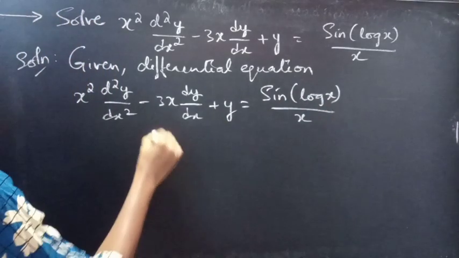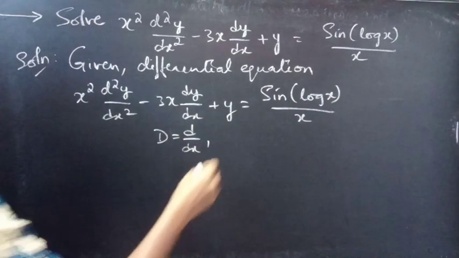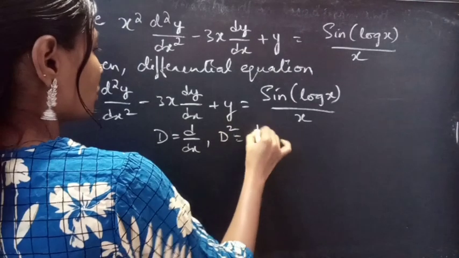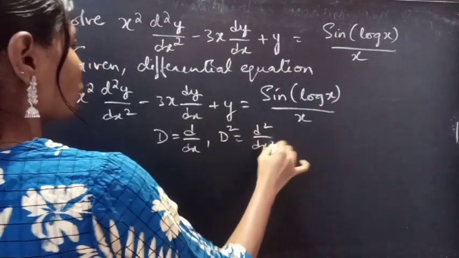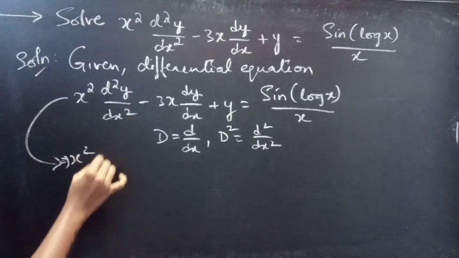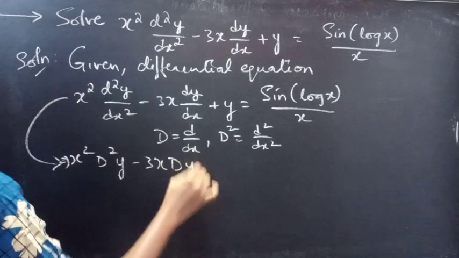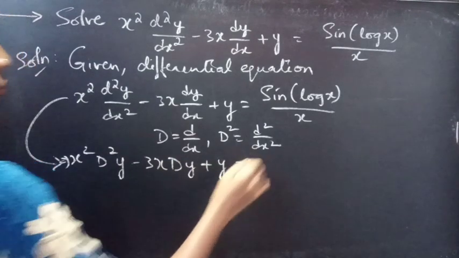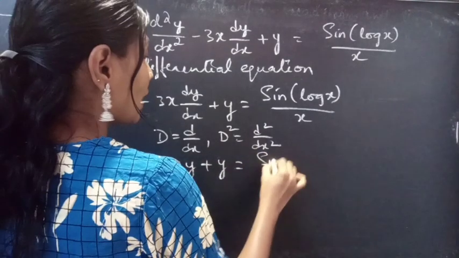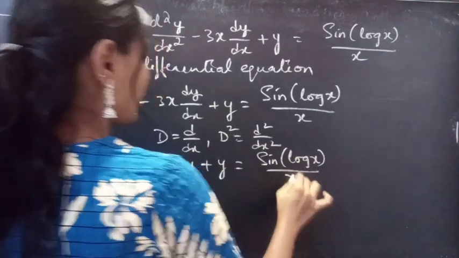We know that D is a differential operator with independent variable x and D square is d square by dx square. Now we can write this equation as x square into D square y minus 3x Dy plus y equals to sine of log x by x.